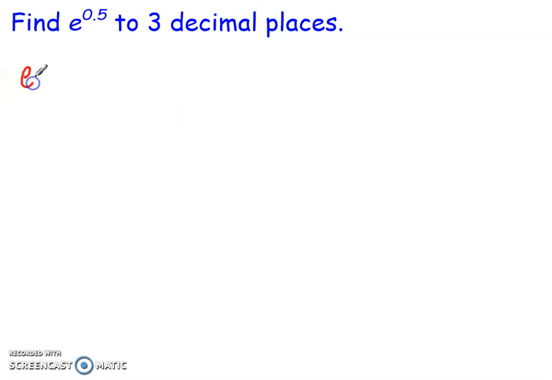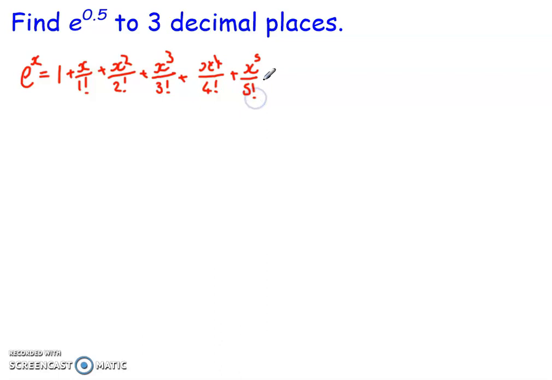Well, what we can remember from the previous set of work that we did is that e to the x is equal to 1 plus x over 1 factorial plus x squared over 2 factorial plus x cubed over 3 factorial plus x to the 4 over 4 factorial plus x to the 5 over 5 factorial, and it then continues on and on and on beyond that.